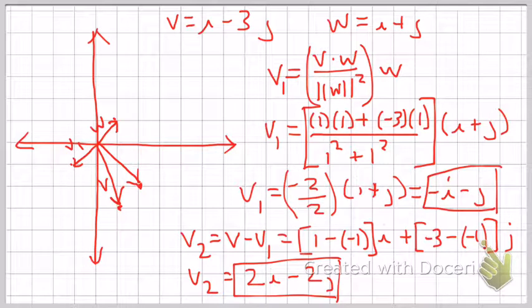And so here's V2. And certainly if we dash in the components of V, it looks like we've done that correctly. Alright, so let's go on to computing work.